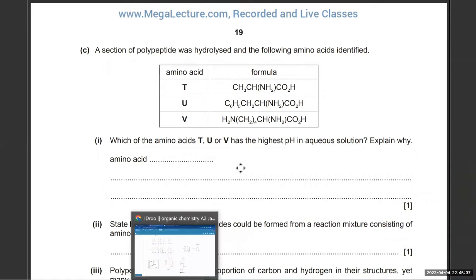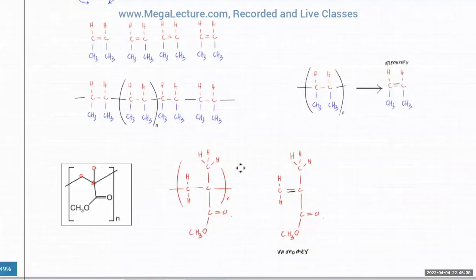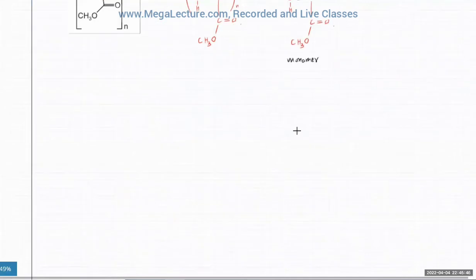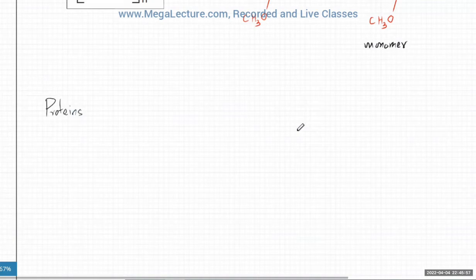I'll just quickly do polyamides as well, because that is also a type of protein, basically. Proteins or polypeptides.